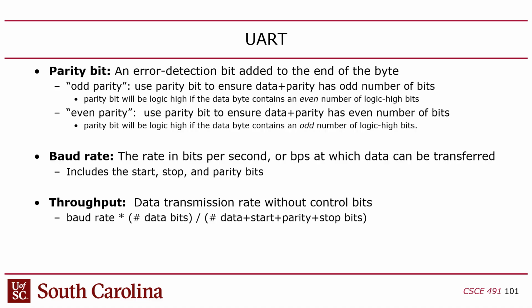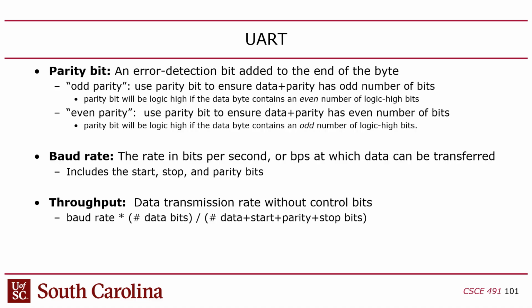This is what makes this confusing in UART. When you do your parity calculation, it's being done over the data bits, right? Obviously, because that's what you're trying to protect in terms of errors. But it includes the parity bit itself and does not include the start and stop bits.